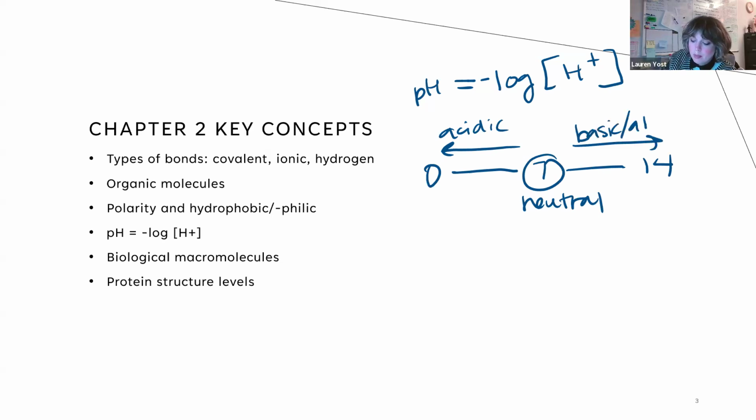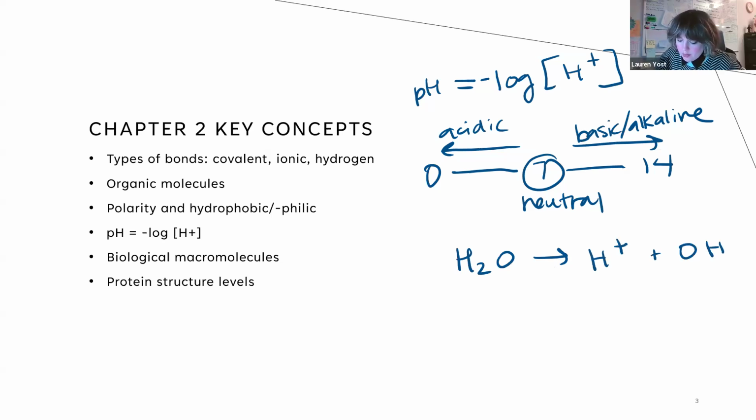This is the gist of the pH scale here. But 7 is based off of water. And this is all based off of water. And what's really going on here, if we say 7 is neutral because H2O is going to make equal amounts of H pluses and OH negatives.